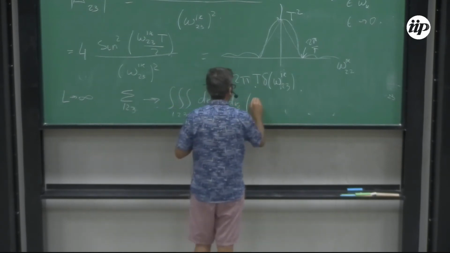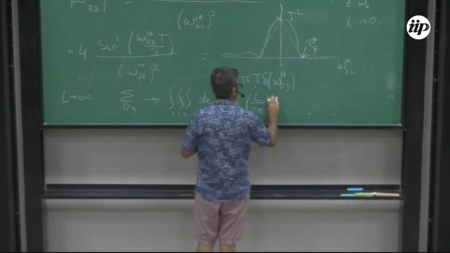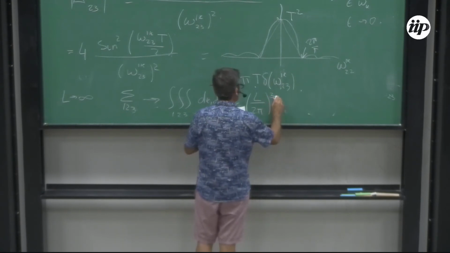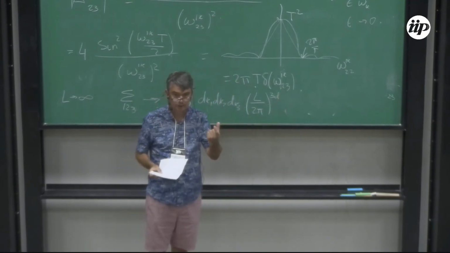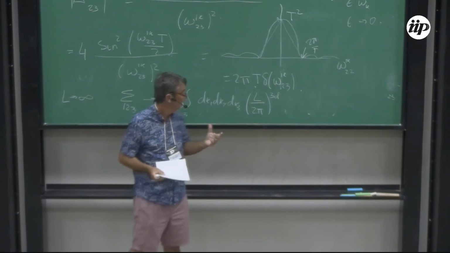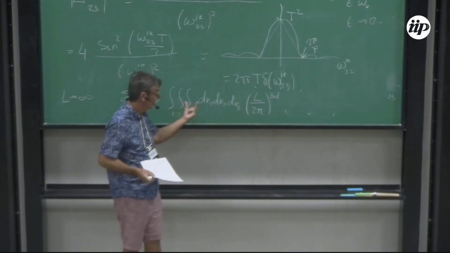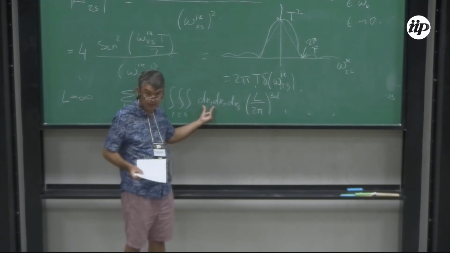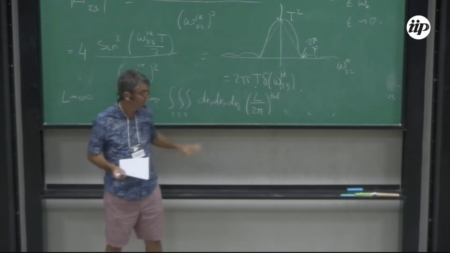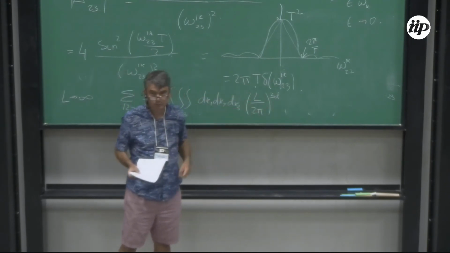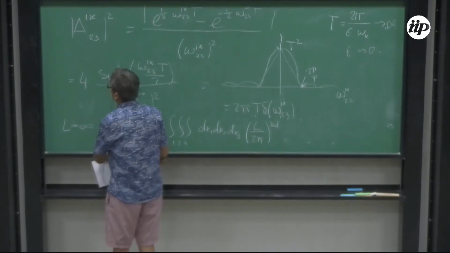The rule to replace a sum with an integral is to take into account that the distance between adjacent modes is 2 pi over L. So therefore, the rule is this: I have to multiply it by that. In other words, you can think of this as delta k in your discrete sum, and then you have to compensate, this times that is equal to 1.